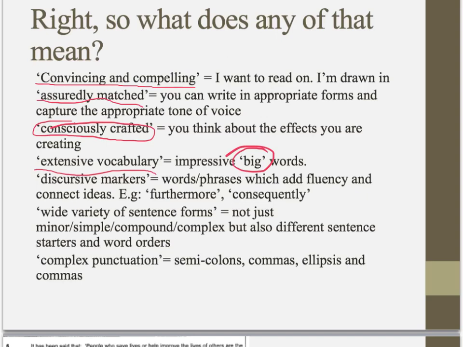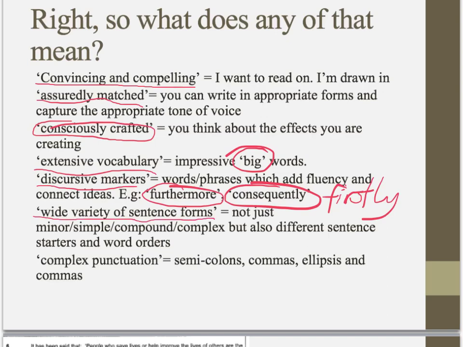Connecting your ideas together is hugely important, and you can do this through linking words such as furthermore, consequently, or even more basic ones such as firstly, secondly, finally, etc. The exam board are interested that you are using a wide variety of sentence forms, so a range of minor, simple, compound, complex, but also looking to see that you can use sentences perhaps that start with an adjective or an adverb or a verb, and that you're not always using a subject, verb, object sentence structure.